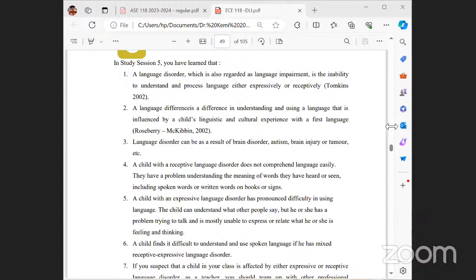So on that note, you need to first and foremost critically observe, pay attention, so that you will be able to categorically say that this person is having speech disorder.